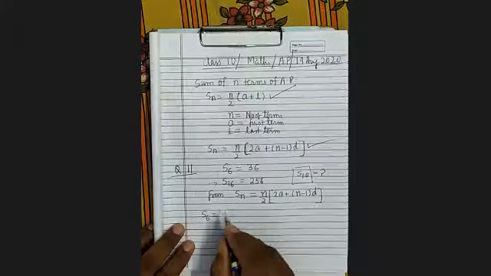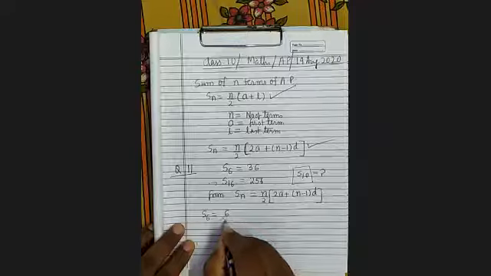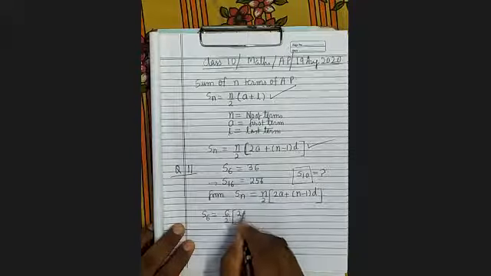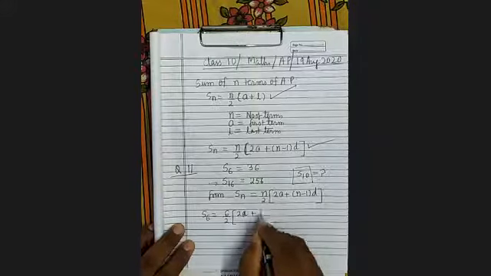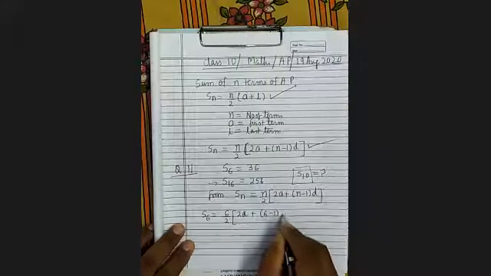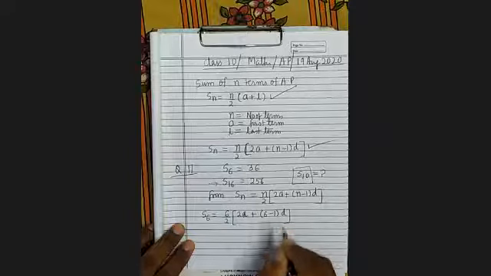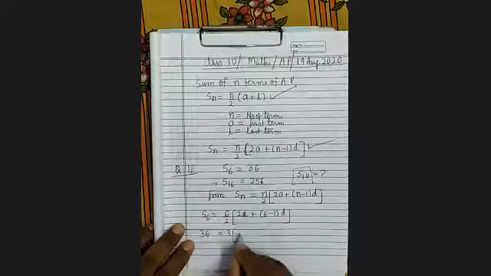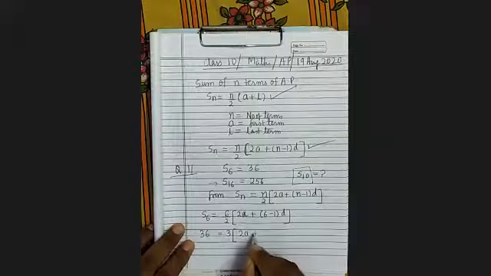It will be 6. 6 upon 2 (2a plus (6 minus 1) into d). So 6 upon 2, S6 is already 36. 6 upon 2 is 3. This is 2a plus 5d.